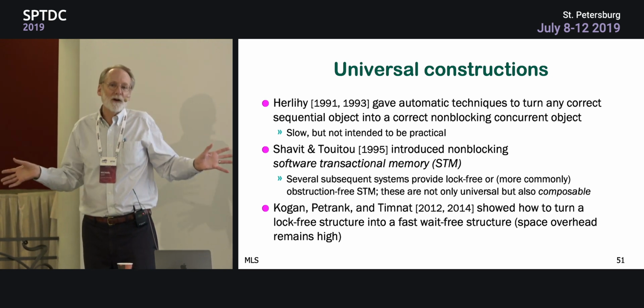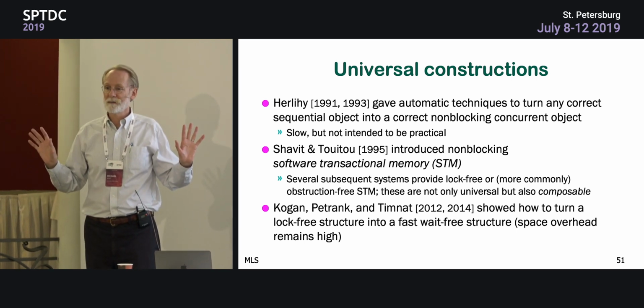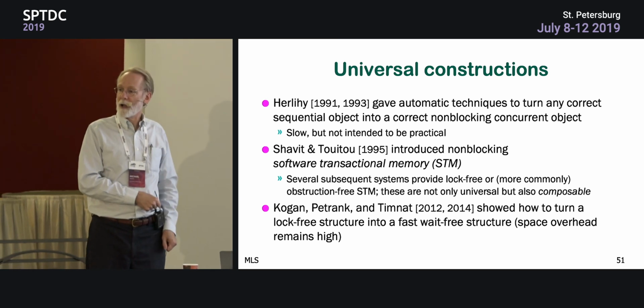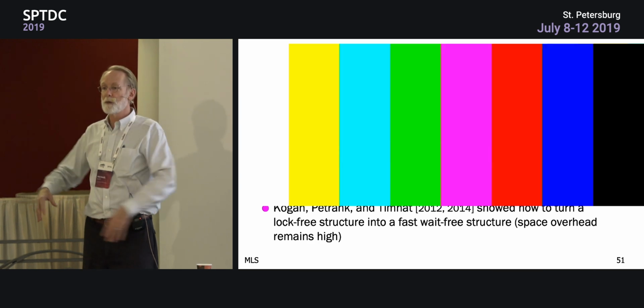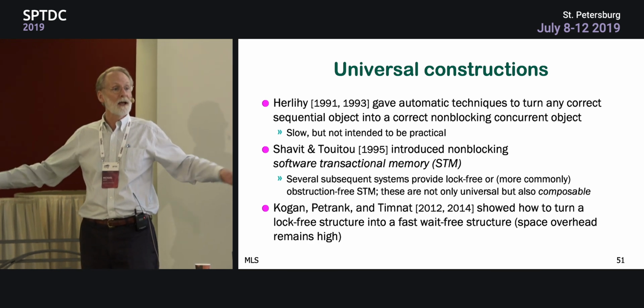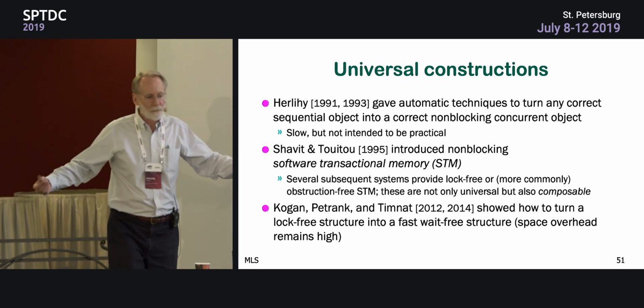Where there is never an observable situation in which it's in neither set or in both. And if I have a correct set in my library and I have another correct set in my library, I don't have a natural way of putting the operations together and making the entire composite operation atomic unless I have something else. And that's what STM might be good for.